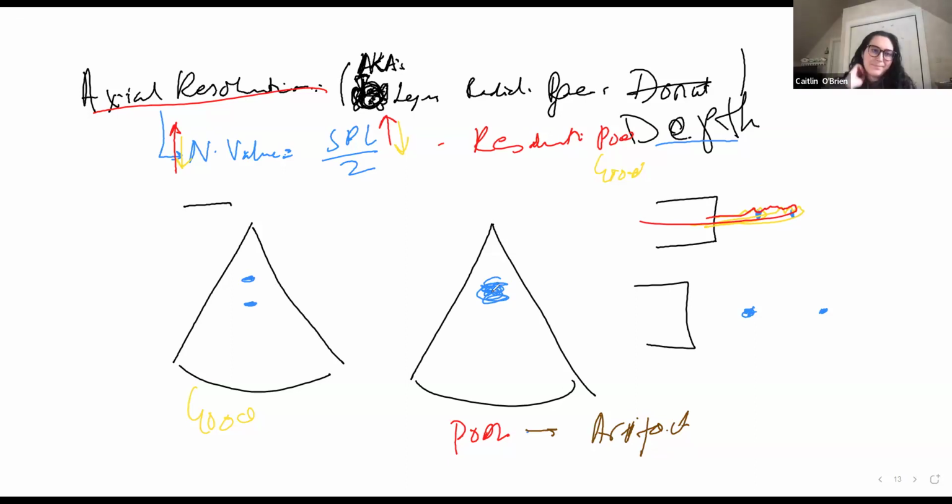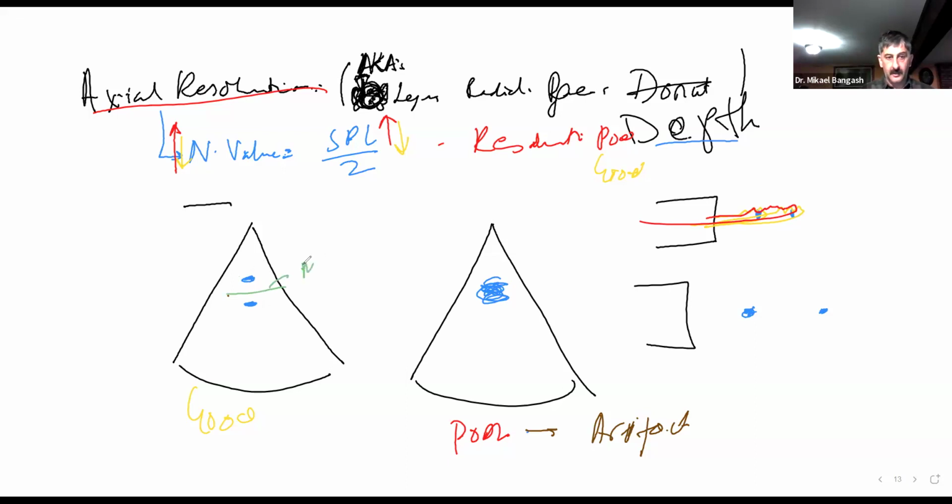Right. If you still see two reflectors, and you saw a mirror here, for instance, this is not a good axial resolution.